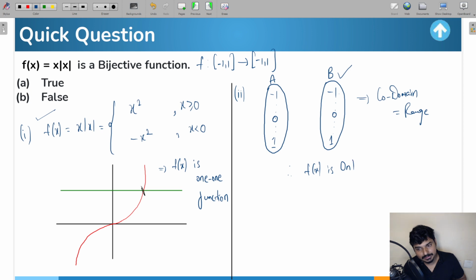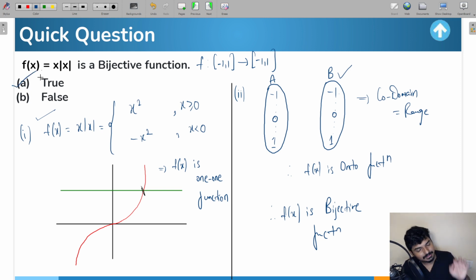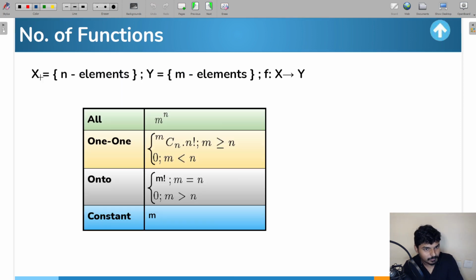Now, if f of x is one-one and f of x is onto, can we say it's going to be bijective? Yes. So we can conclude that the function f of x is a bijective function, guys. And if you see the options, option A is the right answer. That x into mod x is definitely going to be a bijective function. So I hope this is clear for everyone, guys.